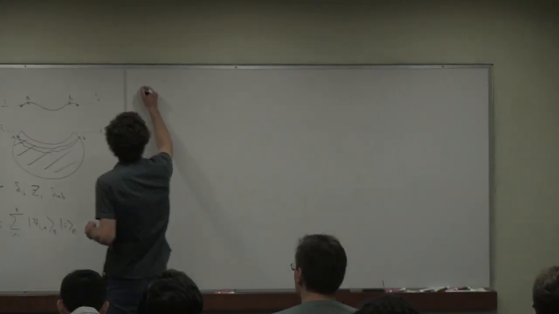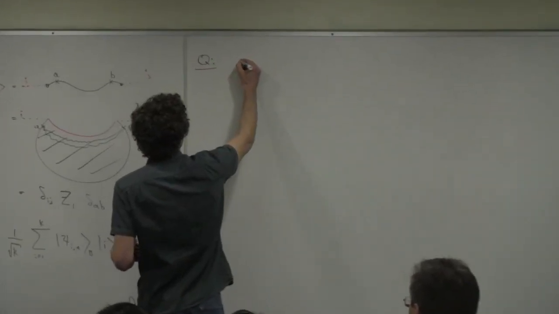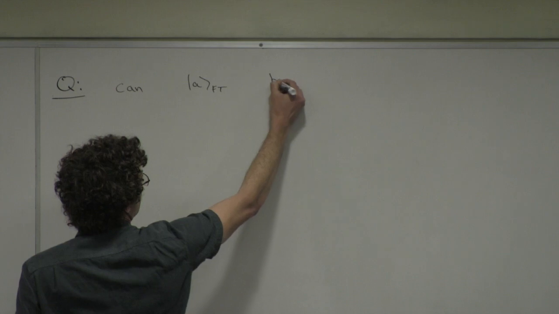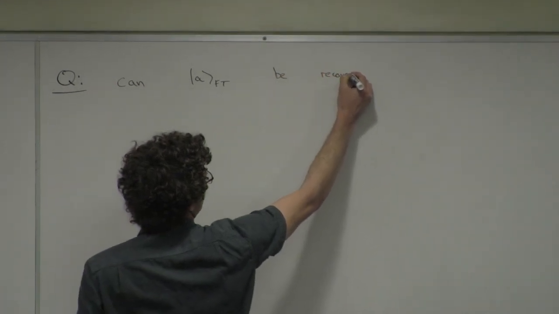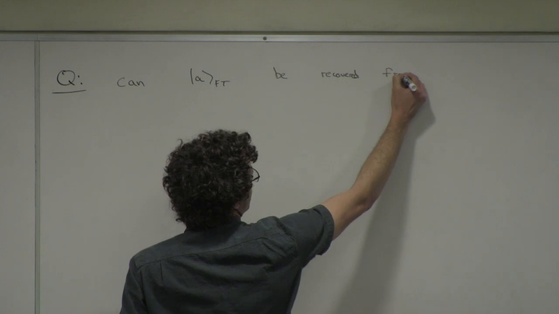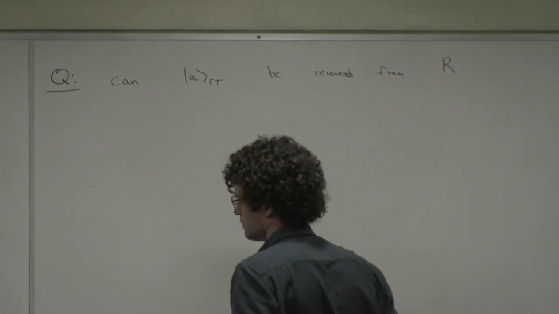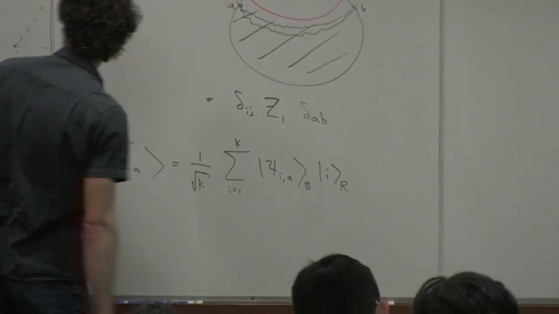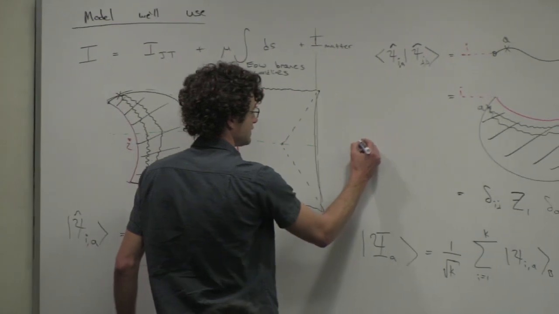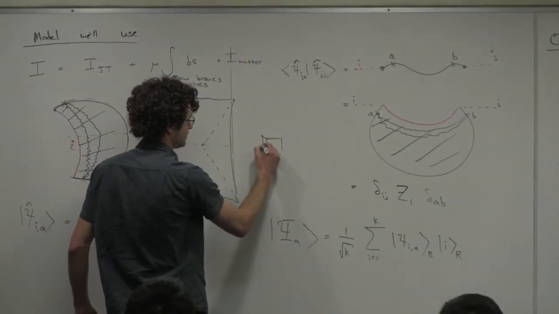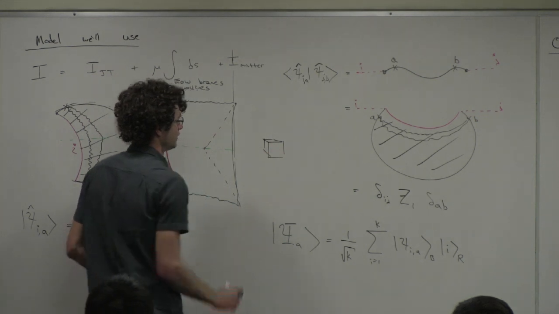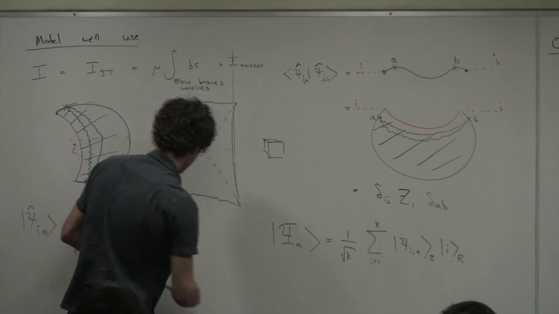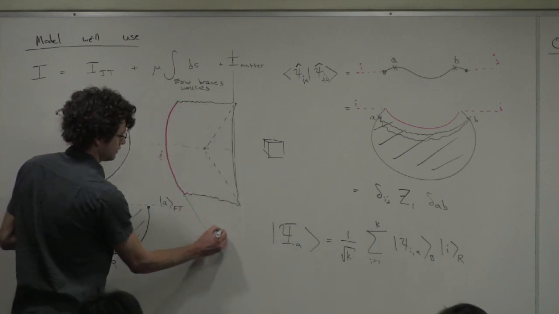And the question that we want to address is the following. Can the state of the field theory be recovered from the R system? So the R system might be a little mysterious at the moment. It's just some system that I've chosen to entangle with B. But if you like, you can think about the R system as some other quantum system, some quantum computer or whatever that we have here, and its state is entangled with the choice of the end of the world brane.